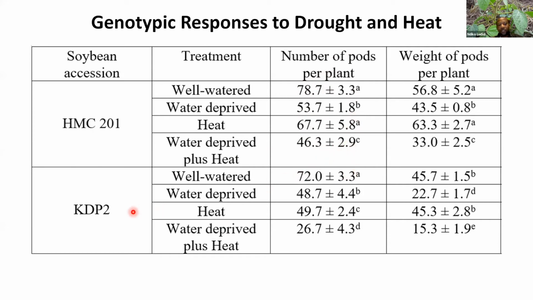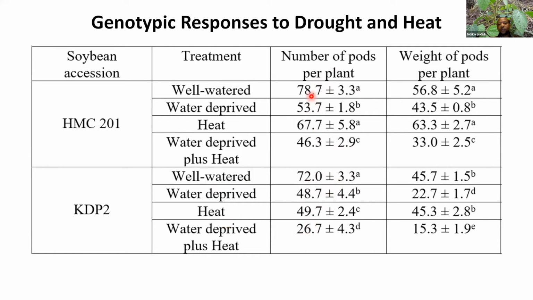And if one looks at KDP2, under well-watered conditions, the number of pods is 72, and water deprived, about 50. So just already you can see that water deficit has a negative effect on both these genotypes, but that becomes more pronounced under the combination stress.